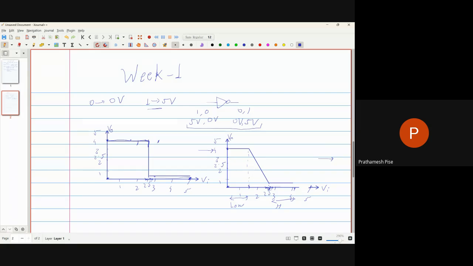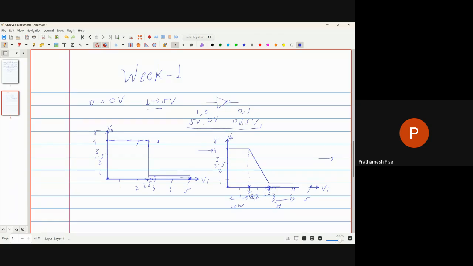We can give some names to these two voltages, because 0 and 5 are defined by the power of the circuit, but these two are kind of arbitrary. We can change these two points. So this point is named VIL, voltage input low.